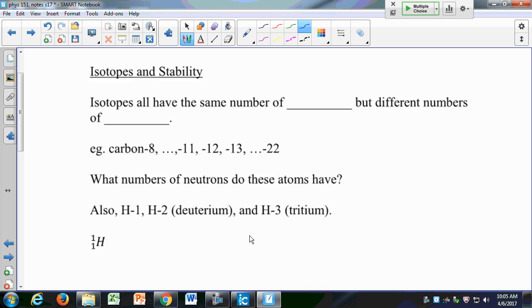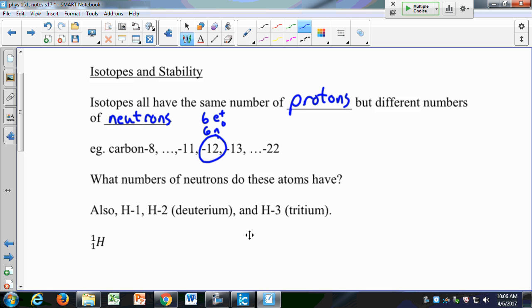So as I said, isotopes all have the same number of protons, but they have different numbers of neutrons. Carbon 12 has 6 protons and 6 neutrons, but carbon 13 would have 7 neutrons, carbon 11 would only have 5 neutrons.